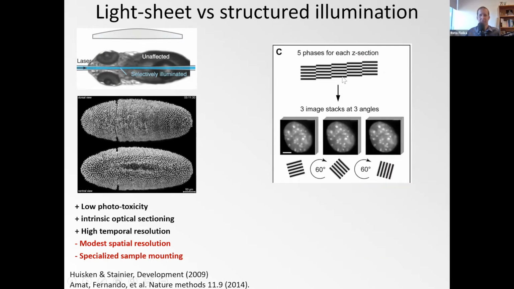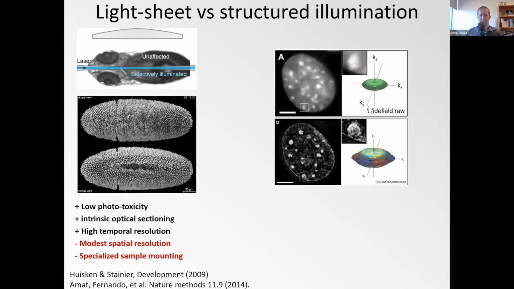So in the Gustafsonian sense of structured illumination, you illuminate your sample with a sinusoidal interference pattern, you change the phase of the pattern and also the orientation angle, and acquire data under this structured illumination. And if you do it right, you can essentially double the support in reciprocal space. So this here is the wide field optical transfer function.